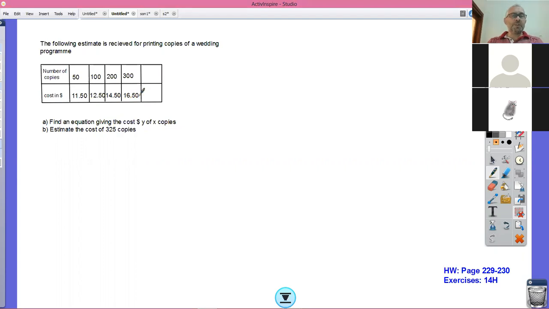Now here what we need to remember is how we were finding the equation of the line. The equation of the line is y equals mx plus c.